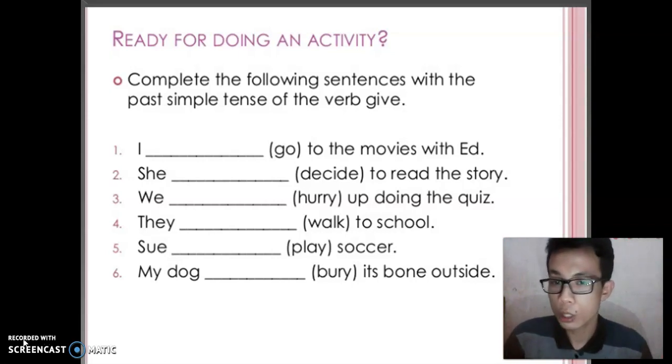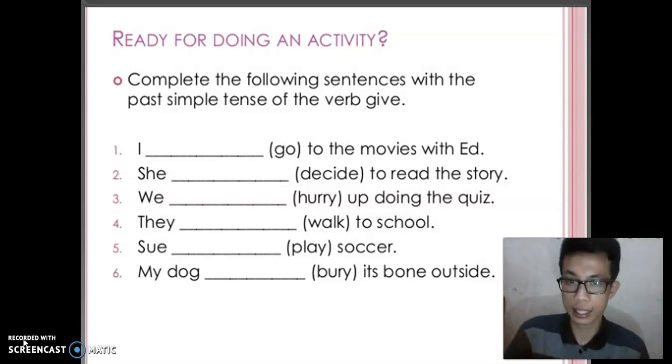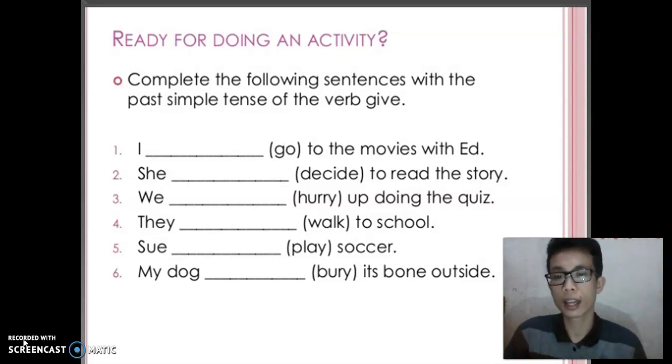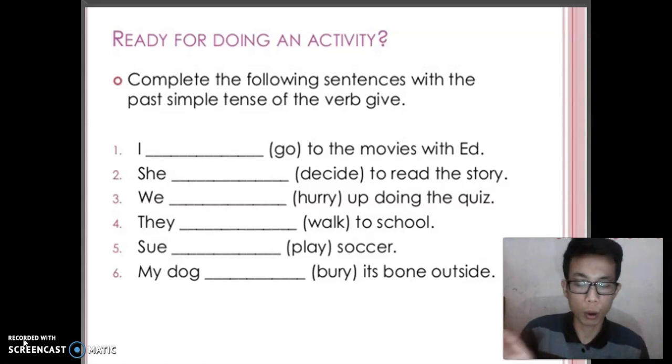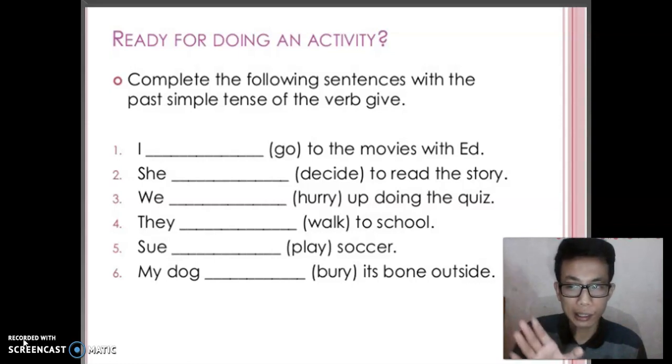Okay, number 2: she blank decided to read the story. So we change decided into regular. Why? Because decided is a regular verb in the list of regular or irregular verbs, so we do not change the verb, only add ed. So the complete sentence: she decided to read the story.